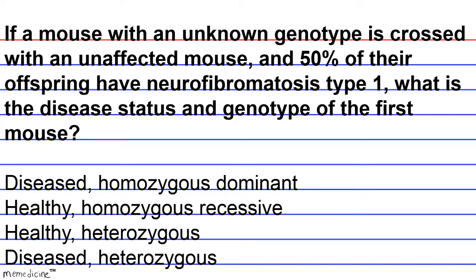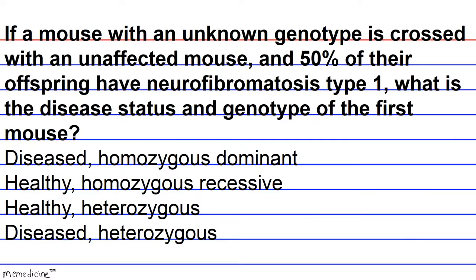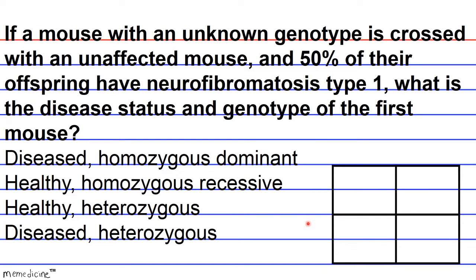All right, let's delve into a solution. Hopefully by now you are able to press pause and arrive at the correct answer choice. Okay, so selecting the correct answer choice in this instance is definitely going to require a test cross. Okay, so the genotype of the unaffected mouse that's mentioned in the question stem can be reflected as lowercase n n, each n representing one allele, one from the father and one from the mother, okay?